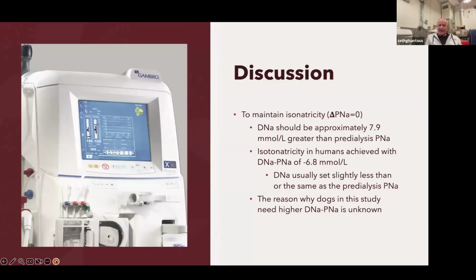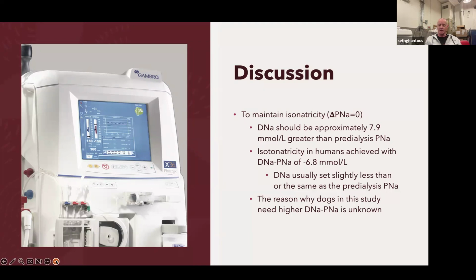So again, this idea of what you need to do to maintain isonatricity. It seems that in a dog, the dialysis sodium should be about 7.9 millimoles per liter greater than the pre-dialysis sodium to maintain isonatricity, which is contrasted to people, who actually need a negative dialysis sodium to plasma sodium gradient to achieve isonatricity.